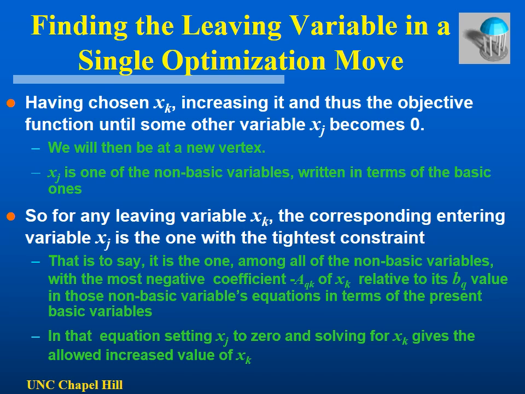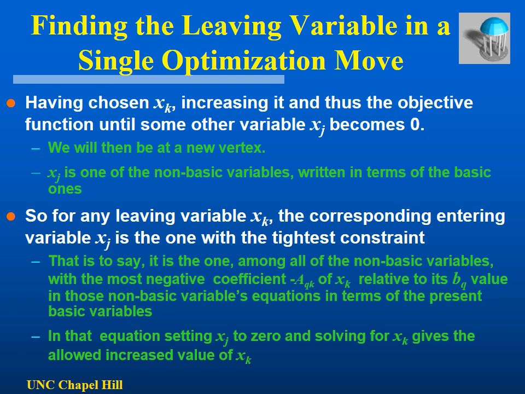This will bring us to the next vertex at that point. Let's call the non-basic variable that is most constraining, that first becomes 0 as xk increases along the edge, x sub j.